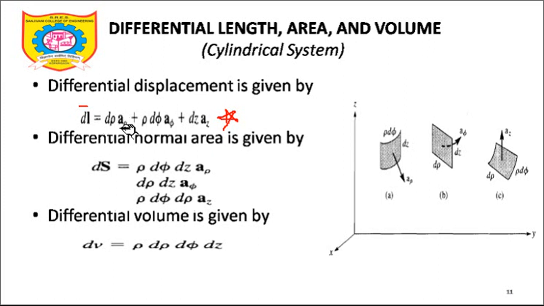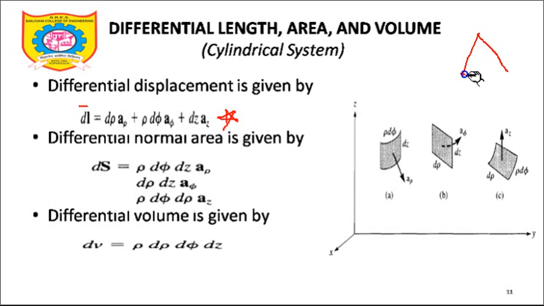So dl bar equals d rho a rho bar, and along with d phi a phi bar there is one term coming, which is rho. What is rho? Rho is the radius in the cylindrical coordinate system. If I am talking about any curved surface, take the arc of a circle as an example.